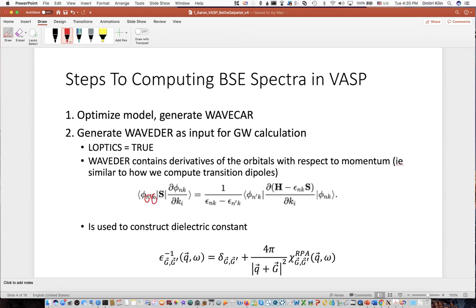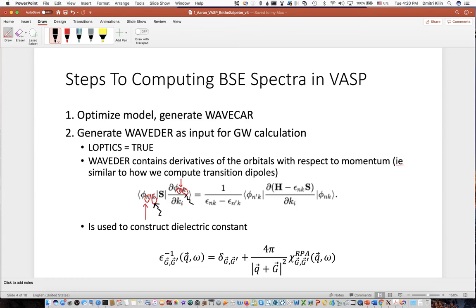So wavecar in theory includes only 2 indices, and here it looks like 4 indices: 2 indices for orbitals n and n-prime, and 2 indices for momentum.